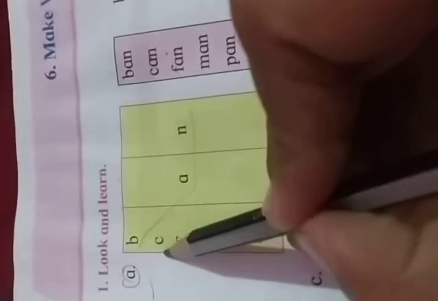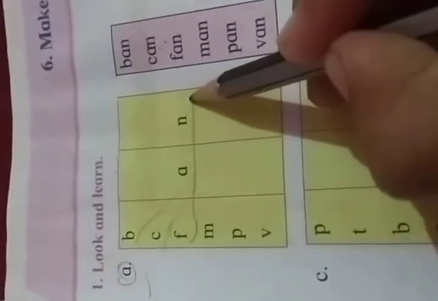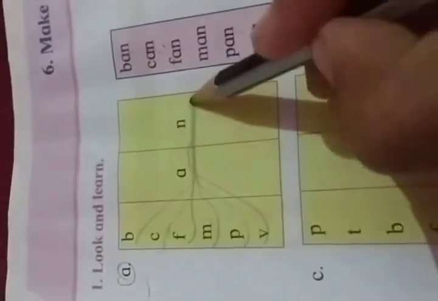Again take C and A and N at the last. Then which word is made here? C-A-N, can. Then F-A-N, fan. M-A-N, man. P-A-N, pan. And V-A-N, van.